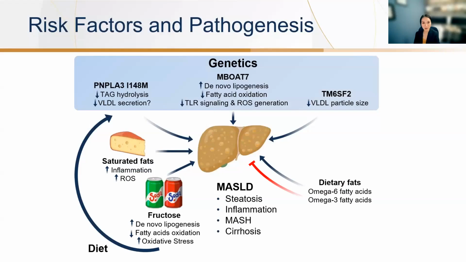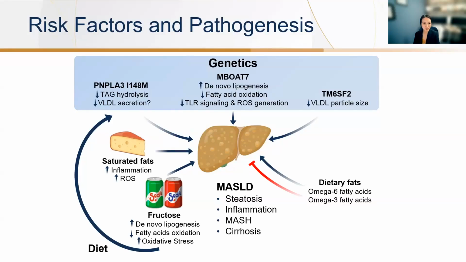This is also some background about fatty liver. There are risk factors and pathogenesis that we will introduce in this slide. Basically, there are 2 elements: one is genetics, the other is environmental. The genetics, the blue box, are interesting genes that can promote fatty liver.